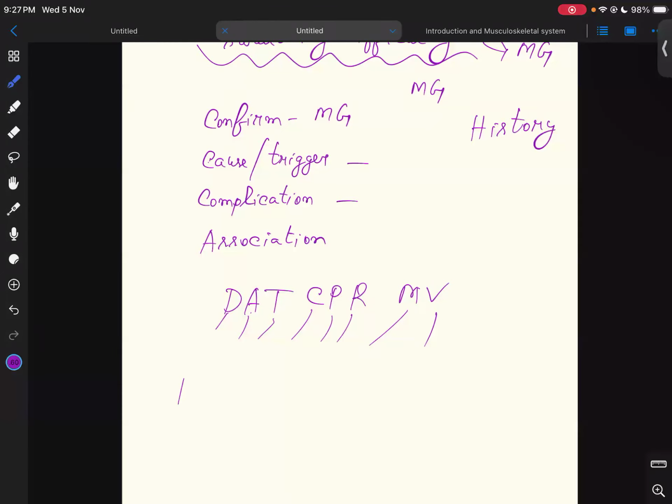Then come to the physical examination. In the physical examination, first we have to confirm that this is myasthenia gravis. How to confirm it? I will give you a detailed recording of the steps of examination of myasthenia gravis later.